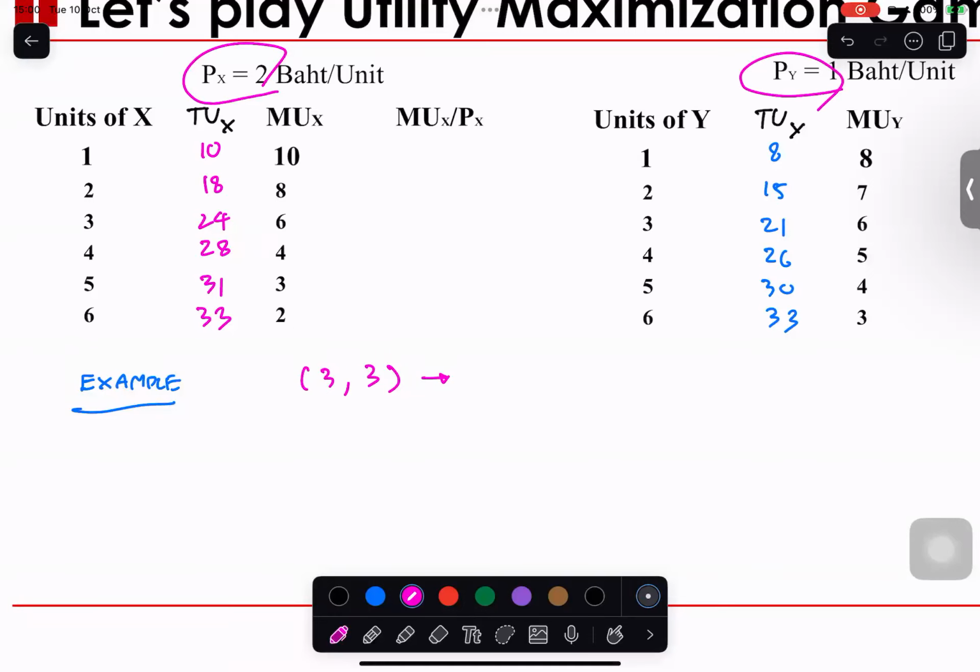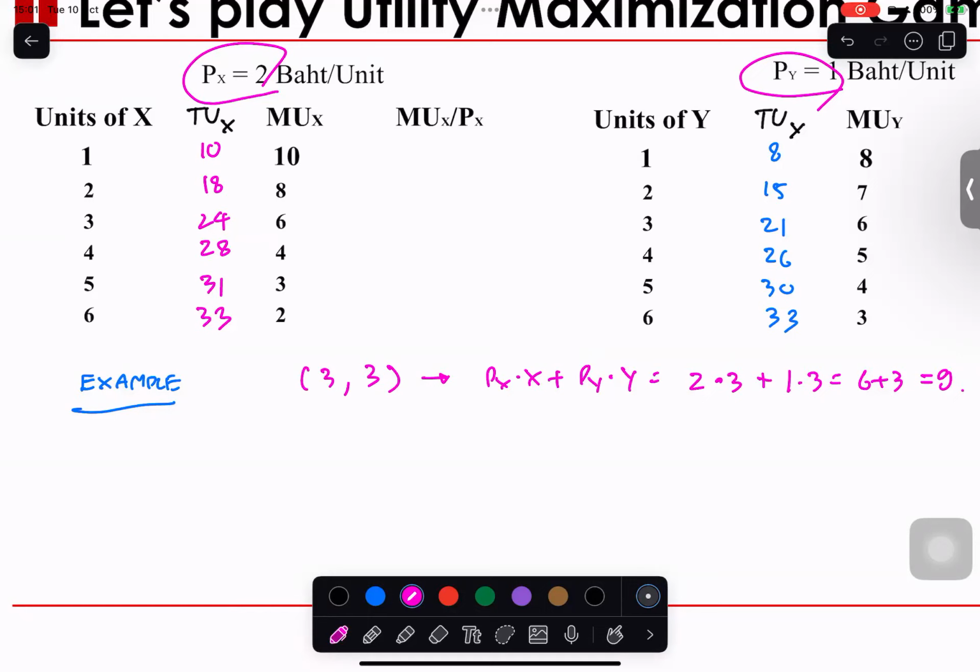Let's compute the budget: PX 2 baht times X plus PY 1 baht times Y. This basket is affordable, 9 baht.